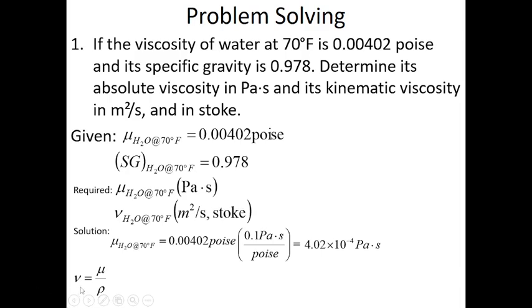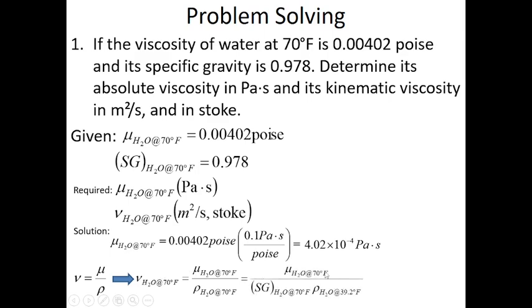And then, for the kinematic viscosity of water, we divide the absolute viscosity of the liquid by the density of the liquid, at a temperature of 70 degree Fahrenheit. With that, something we should consider is the density of water at 70.